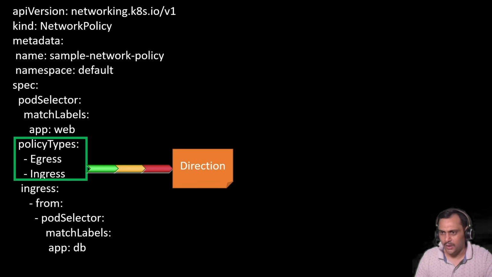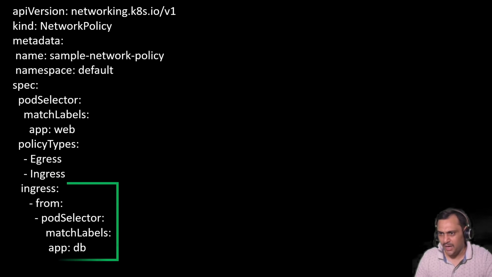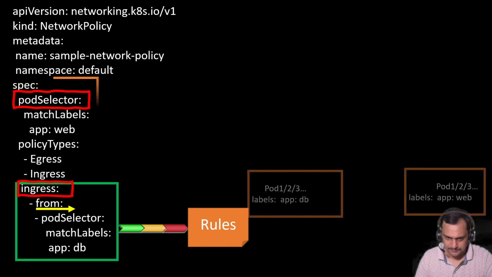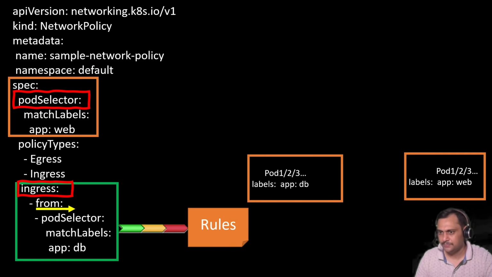However, for ingress, we have one rule set using podSelector. In this section, we are allowing pods which have label app equal to db to send traffic to pods which have label app equal to web.